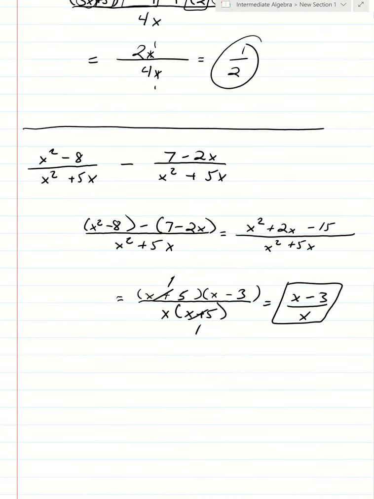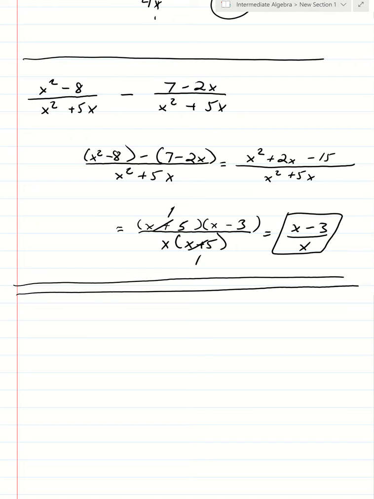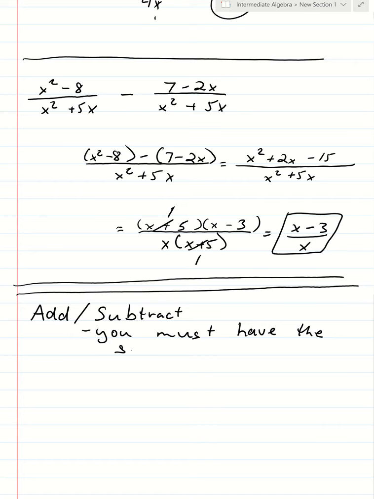But we know that not all fractions, whether they be numerical or rational, algebraic in nature, will always have the same denominator, but we can still add and subtract. But what we have to do is form the same denominator, because when you add or subtract, one thing we know for certain, you must have the same denominator.